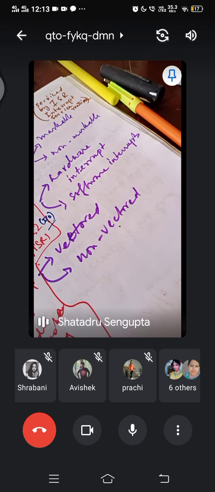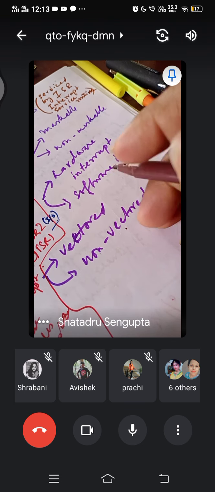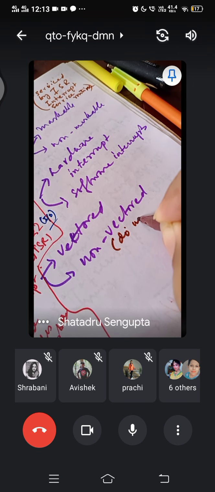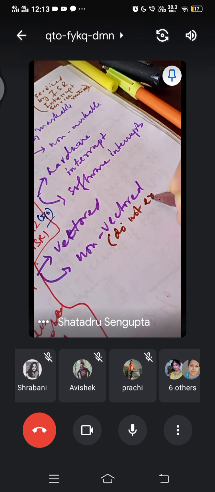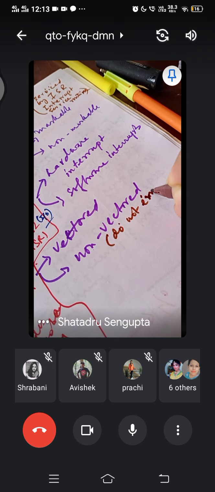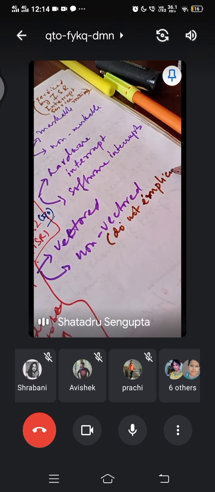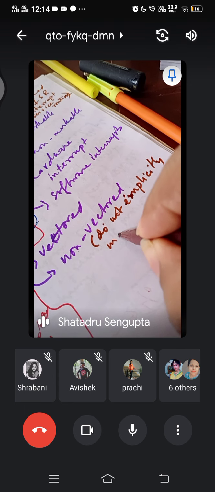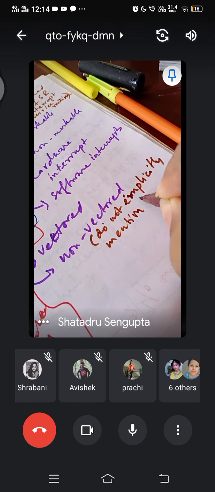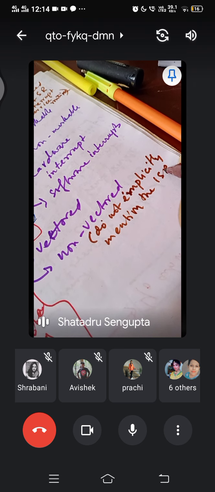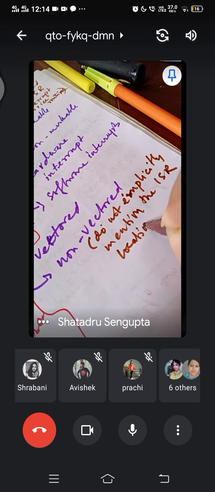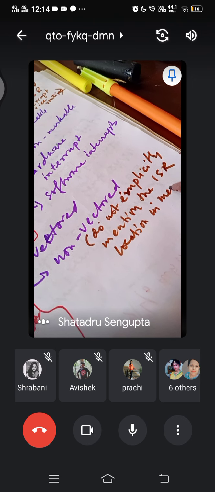Now you see the non-vectored interrupts. These do not implicitly mention the ISR, interrupt service routine, location in memory.